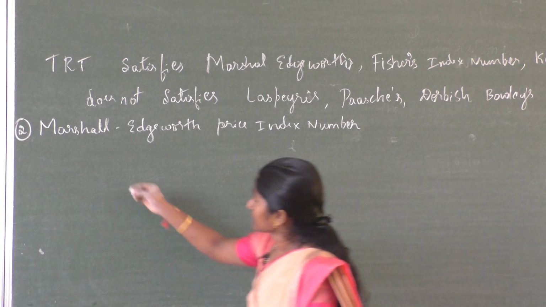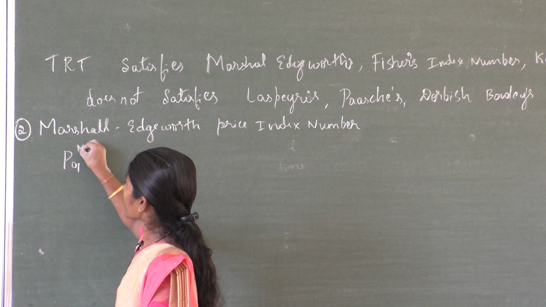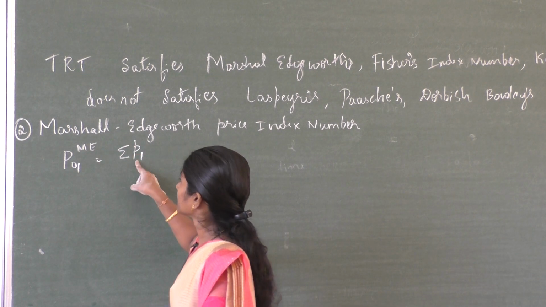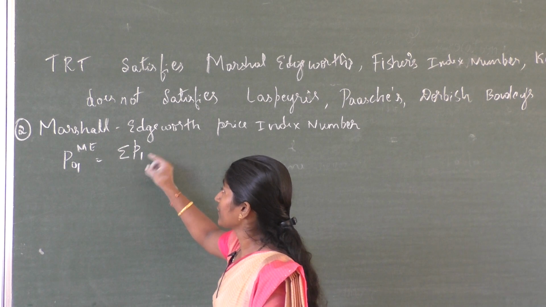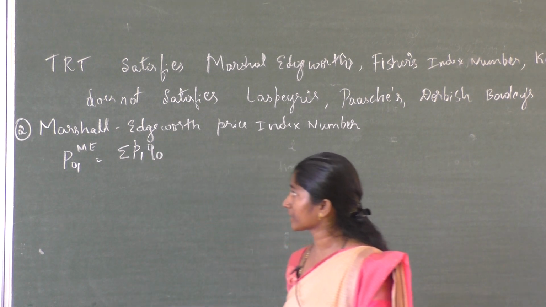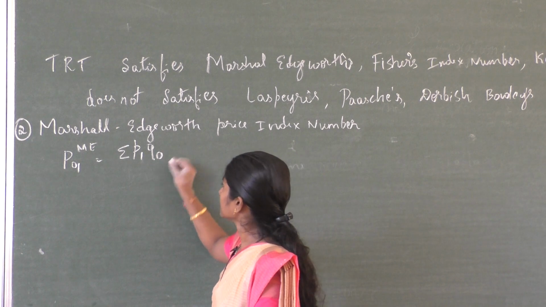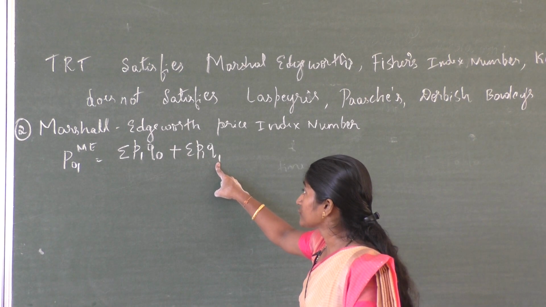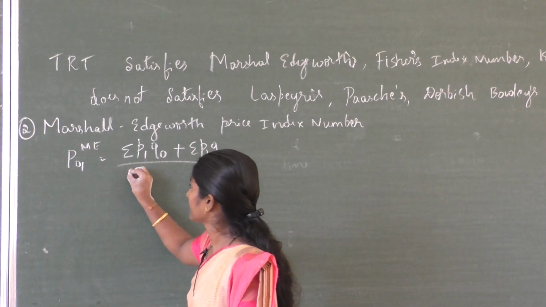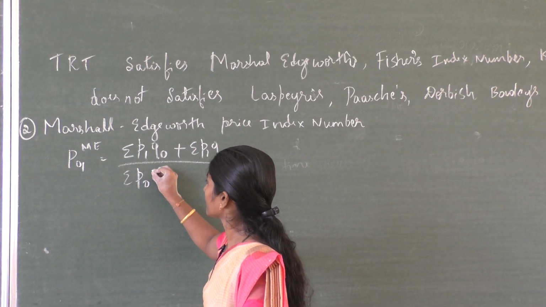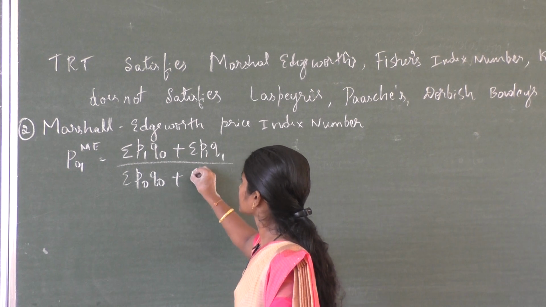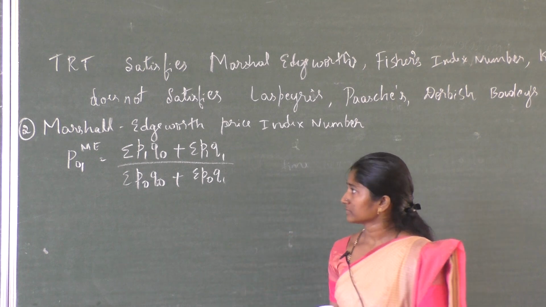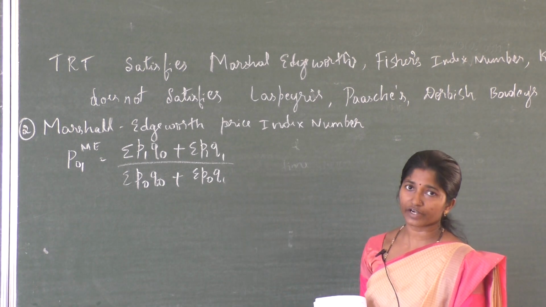Our formula: P01 of Marshall-Edgeworth equals total of P1, quantity I will take the weightage for the base year, plus P1 with the weightage for the current year quantity, divided by P0 Q0 plus P0 Q1. So this is the formula, don't write into 100 again.